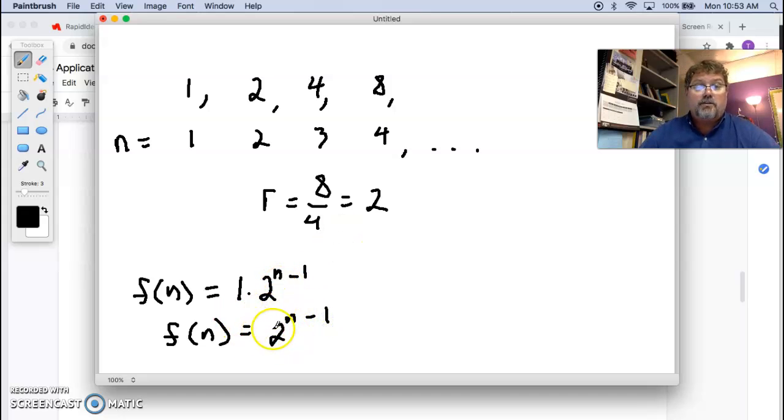Well, 2 to the 1 minus 1 is 2 to the 0. 2 to the 0 power is equal to 1. Anything, by the way, we're going to talk about this a little bit later, to the 0 power is always 1. So our formula seems to work. Put in 2. 2 to the 2 minus 1 is 2, and it is working. So there's our formula.